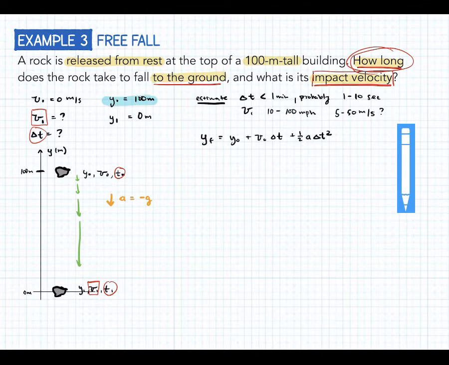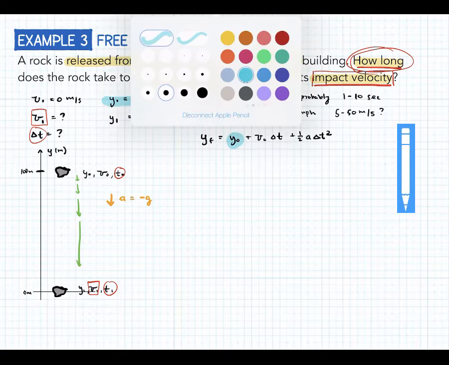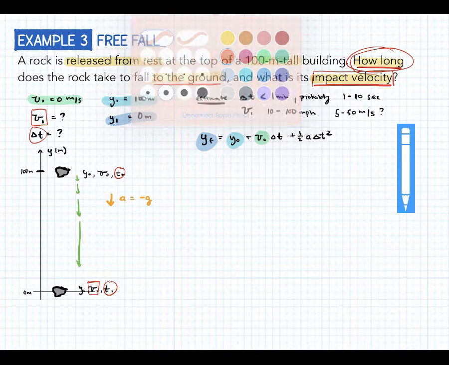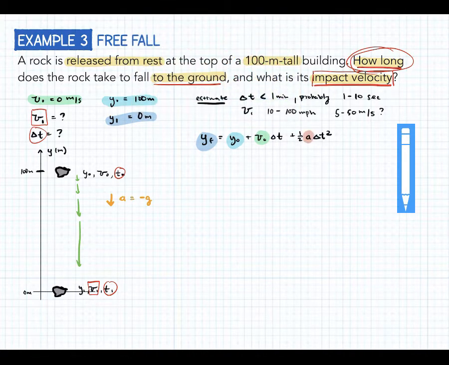Y initial is this, right? Y final is this. We know our initial velocity is going to be 0. We're looking for delta t, but we also know that our acceleration is going to be g.